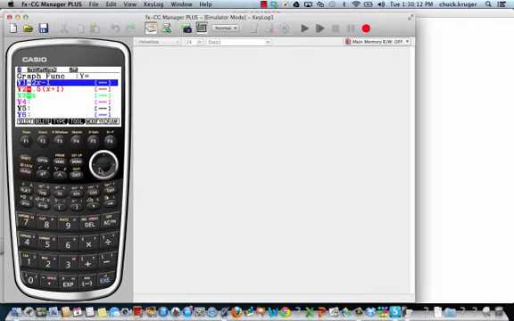And let's delete these. And I've got one more I have to delete. Green is sometimes hard to see. All right, and I'm going to put in x cubed plus x minus 1.